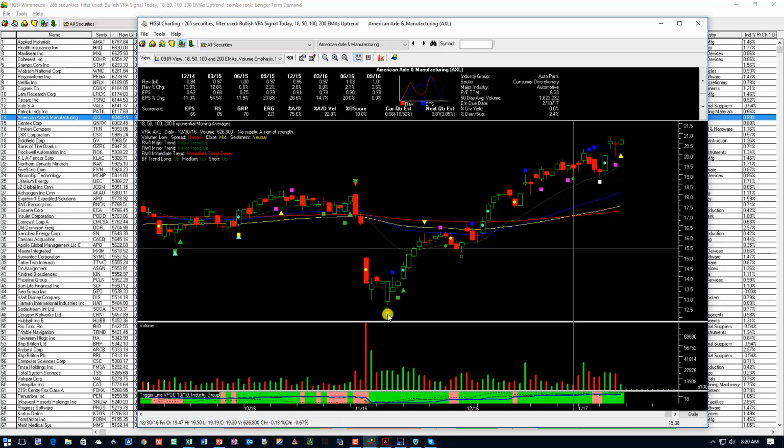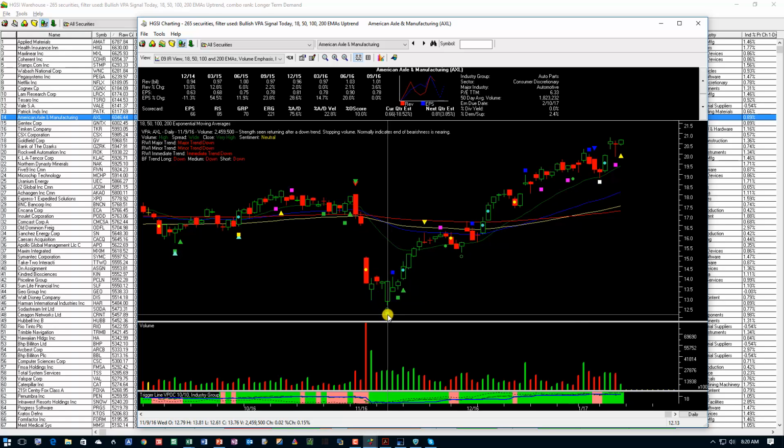If you're playing straight VPA flags, this is what we call a stopping volume. This is a very bullish flag. You don't have to use this fan or this filter, but the reason I like this filter is because I'm looking for continuation. Now, I also look at other stocks that are just exhibiting some of the characteristics, such as volume point of control is turning positive, and we're getting VPA flags.